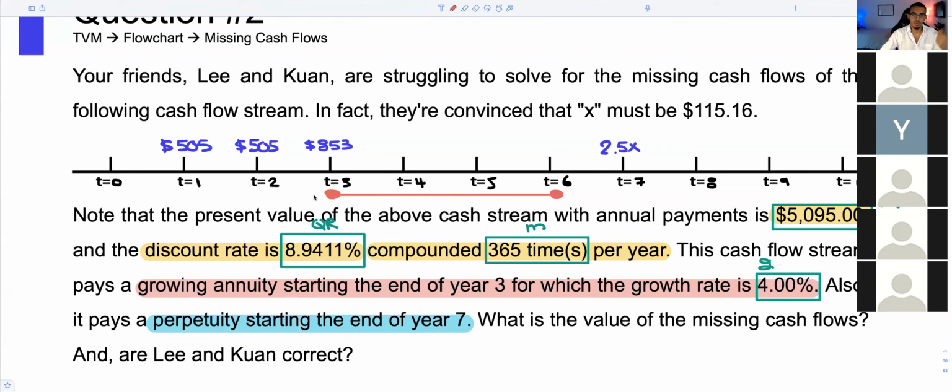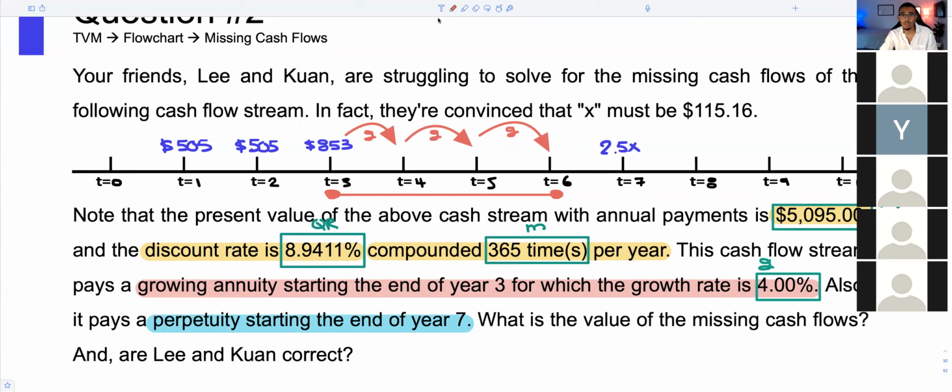So what they're telling you is that this growing annuity is going to increase up until t equals 6. So you could say we have G here, G here, G here. This is essentially going to be one part of our question.